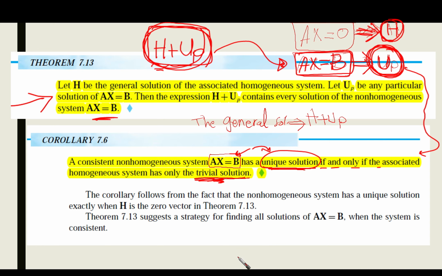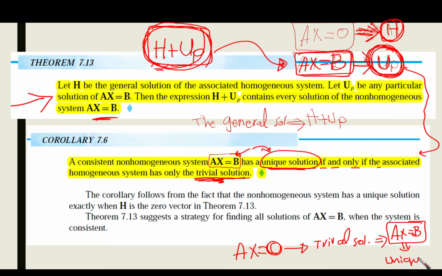So if we have AX equal to 0, the associated homogeneous equation, and it has the trivial solution, then this means the non-homogeneous system AX equal B is going to have what we call a unique solution.